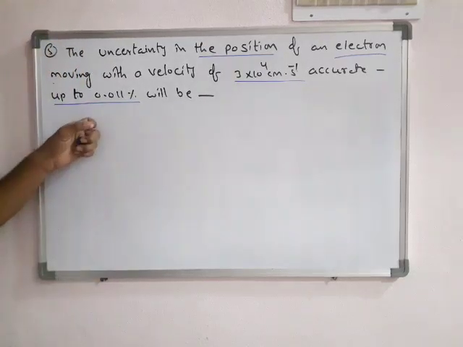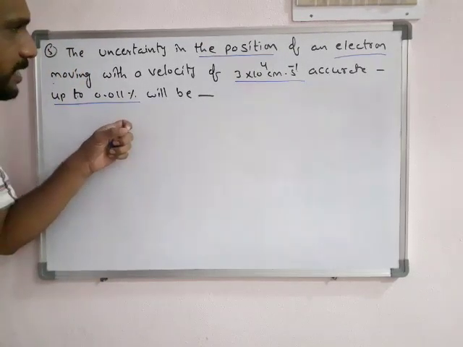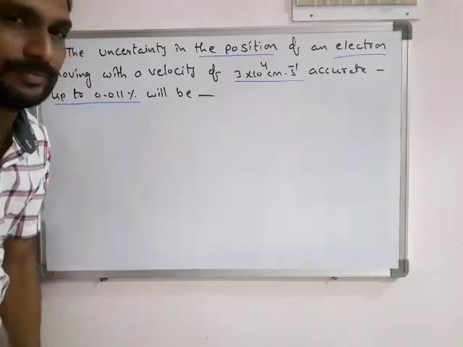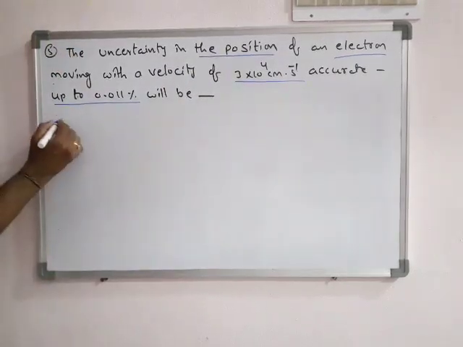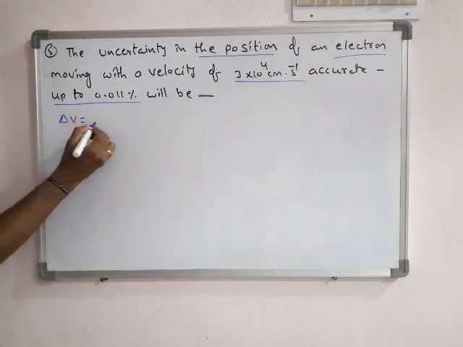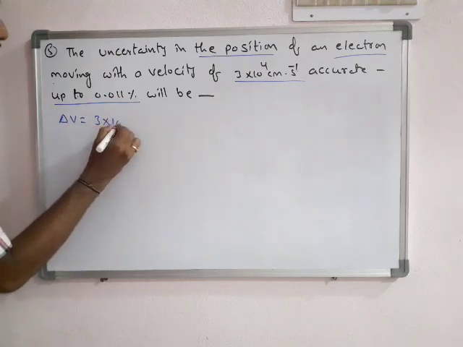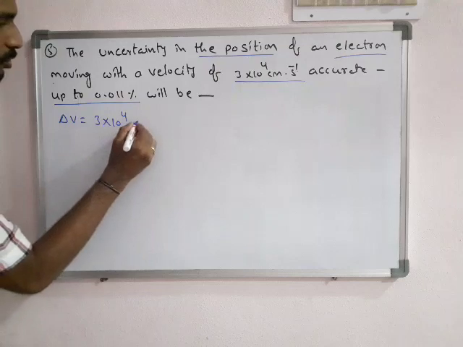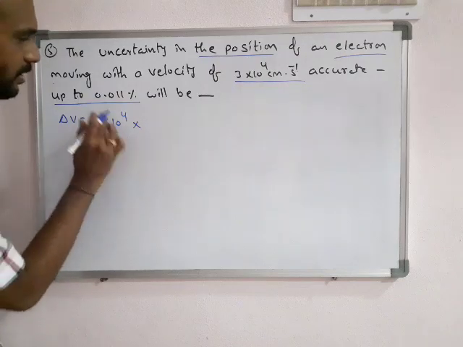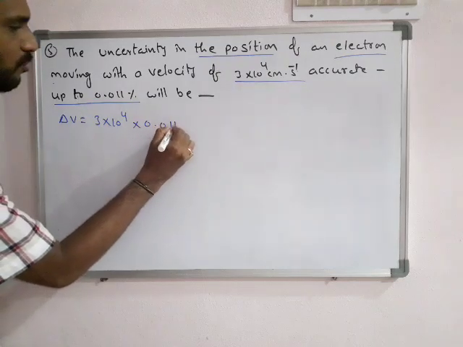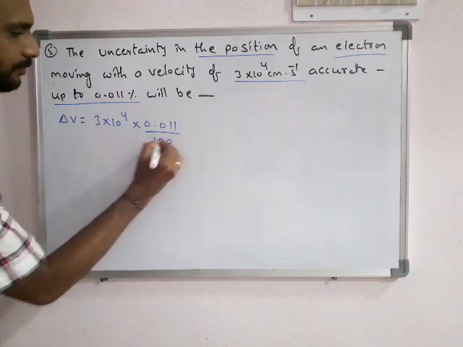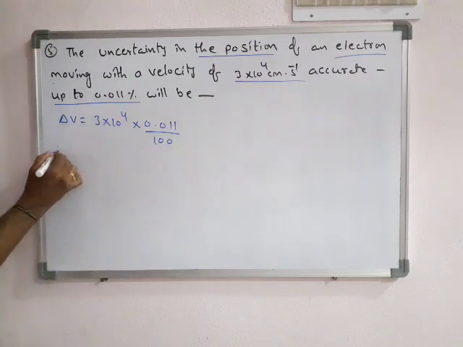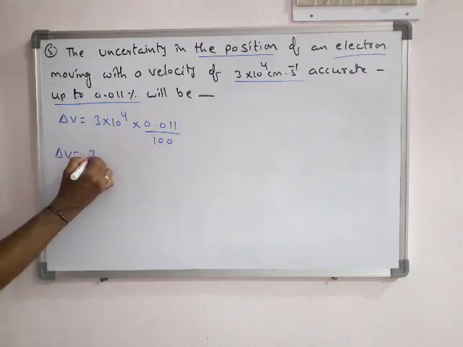The uncertainty is 0.011% of its velocity. Here delta V is not directly given, percentage is given. Delta V is equal to, the velocity how much percentage? 0.011%.